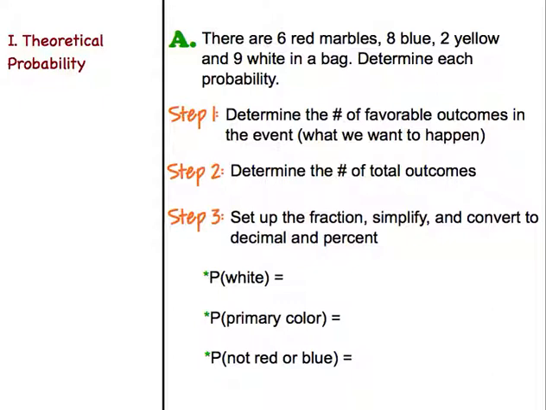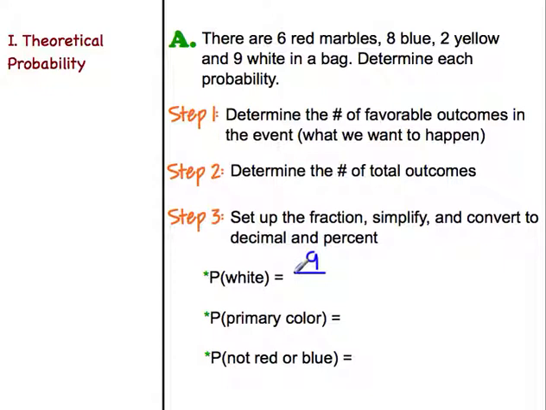So the first thing we want to look at in our first example is the probability of a white marble. We have 9 white marbles, so our numerator is going to be 9. Our total number of outcomes is the total possible marbles we have to choose from.